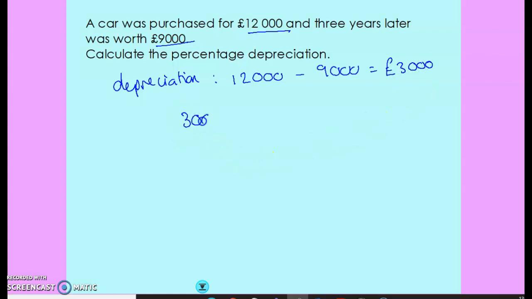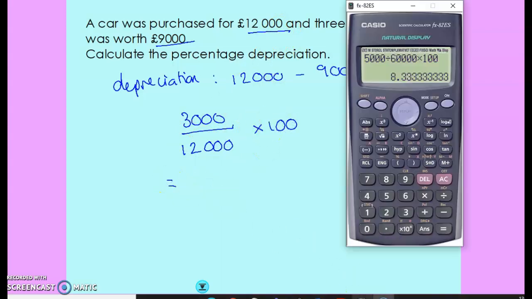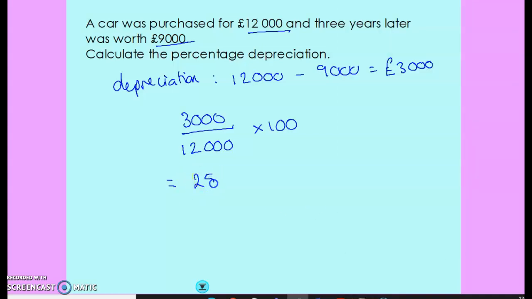So I'm going to do my 3,000 divided by the original, which is how much we paid for it to begin with, times it by 100 to get it into a percentage. 3,000 divided by 12,000 times 100 is 25%.